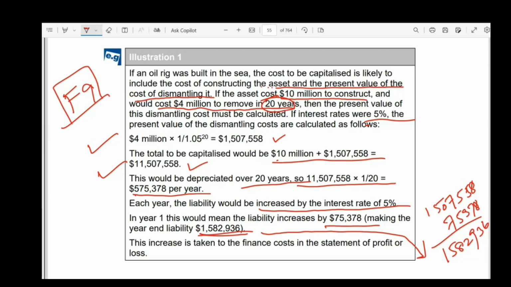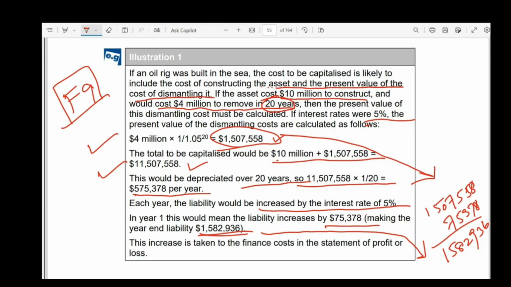How is it calculated? The 75,000 is calculated from 1,570,558. If we divide it by 20 years, it comes to 75,378 per year liability. So this amount is coming, and after that we will add it to the 1,570. Like this we have calculated for 20 years time.